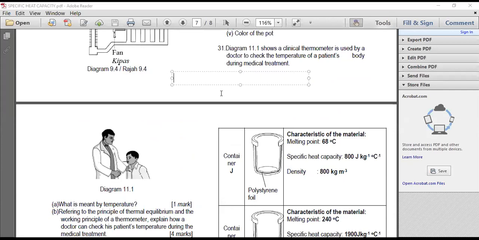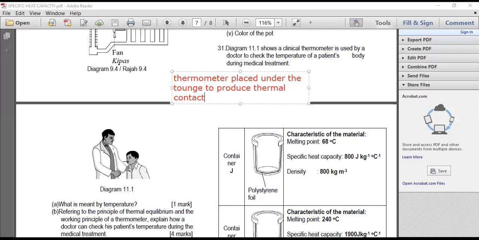First you can say the thermometer is placed under the tongue to produce thermal contact.